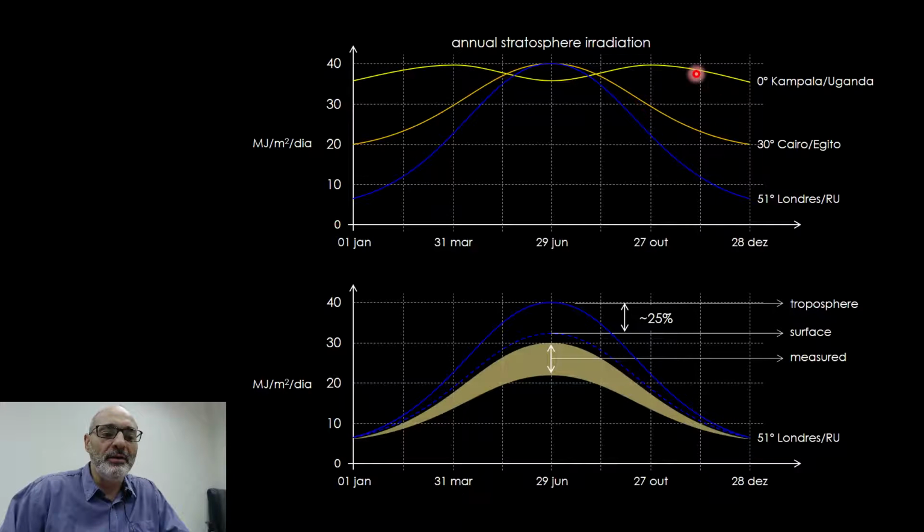You see that near the equator this varies almost nothing. This variation is related to the distance from the sun to Earth, which varies a little bit.